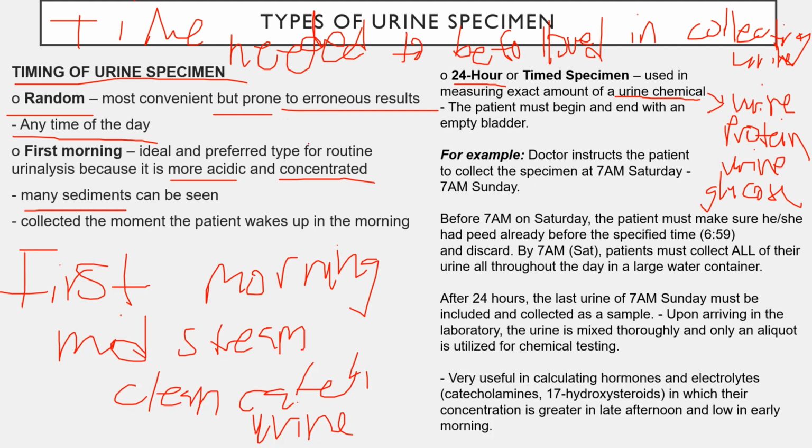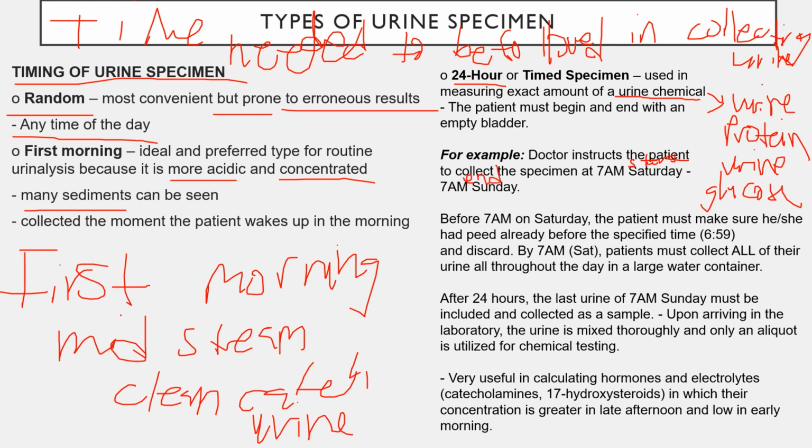Now, the instruction in a 24-hour urine specimen is that you're going to collect the sample for 24 hours. For example, the doctor would instruct the patient to collect the specimen starting at 7 a.m. Saturday. So the start would be 7 a.m. Saturday. And after 24 hours, it would be the end.